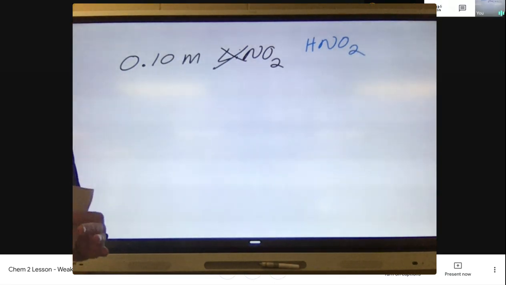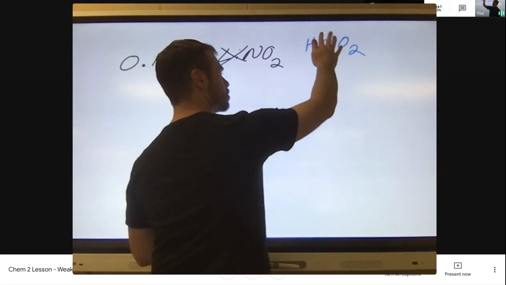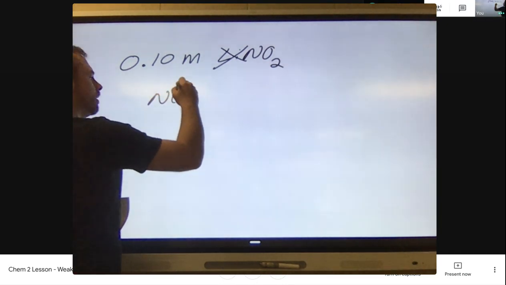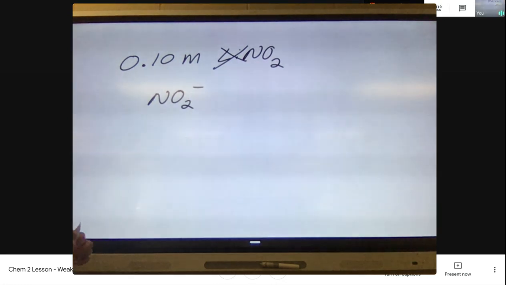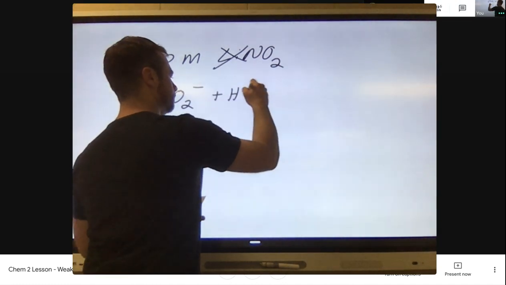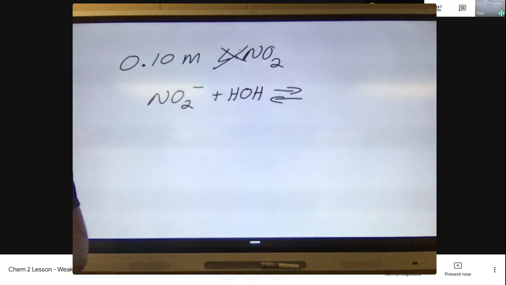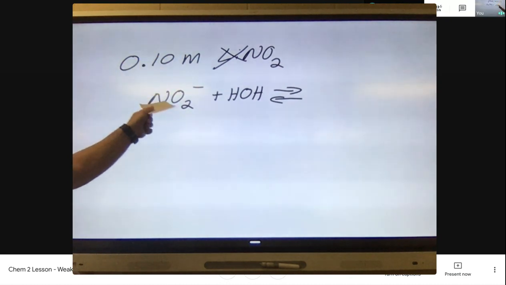Well, if I find something that looks like this in the acid chart, then that means NO2 minus, because that's what its charge would be, is going to be the thing that is reacting with water in our problem. So, key idea: if I find something in the Ka chart that looks like this, then that means the thing I'm actually using is a base.